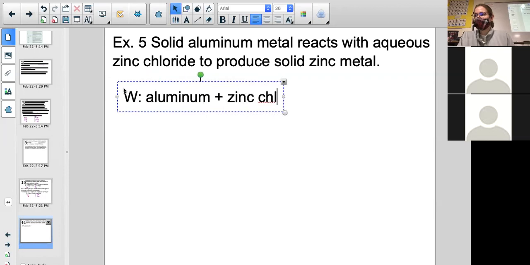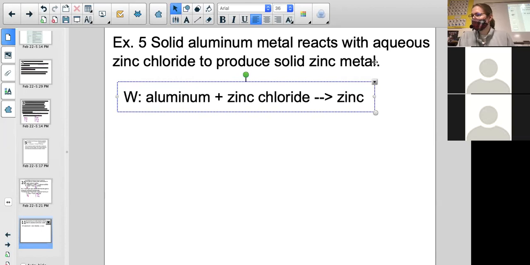So we're just going to say zinc chloride. To produce zinc. And it looks like I forgot to finish the sentence.